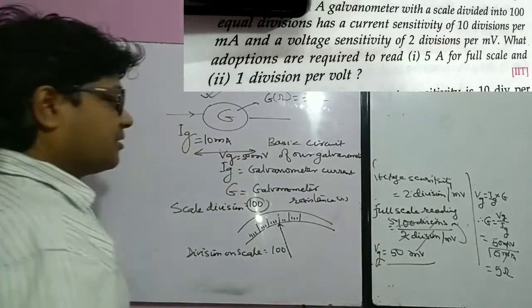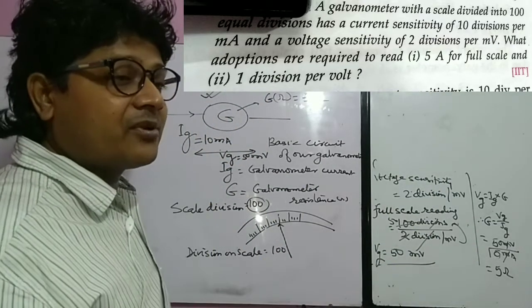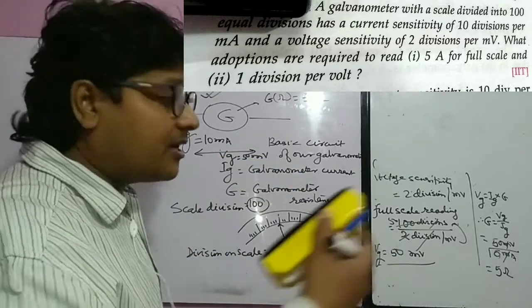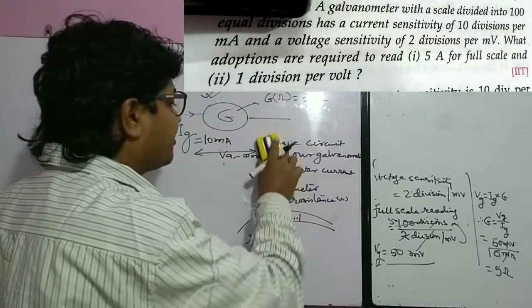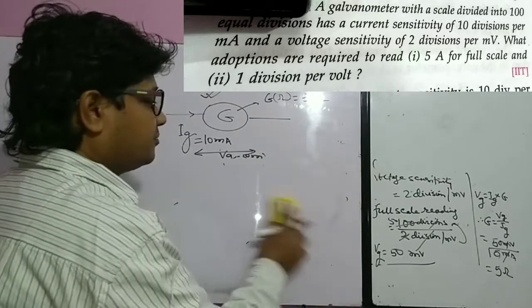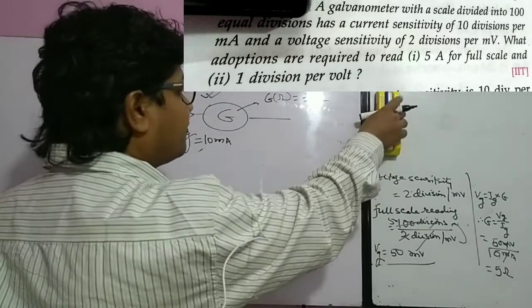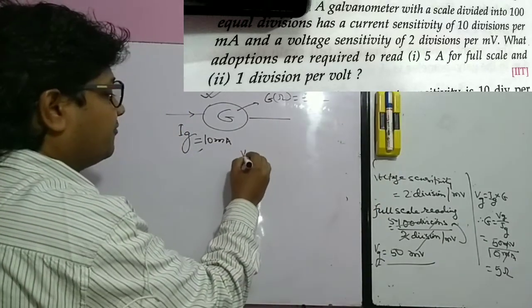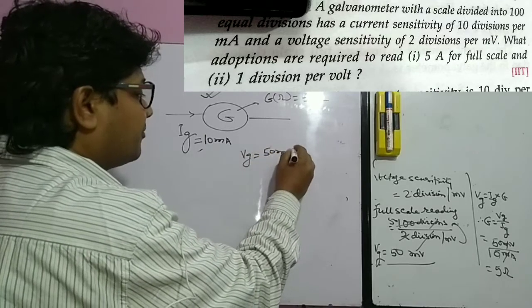So now we have to go for the conversion of this galvanometer into ammeter and voltmeter, fine. So this I am removing here. So what we are getting? We are getting Vg is equal to 50 millivolt.